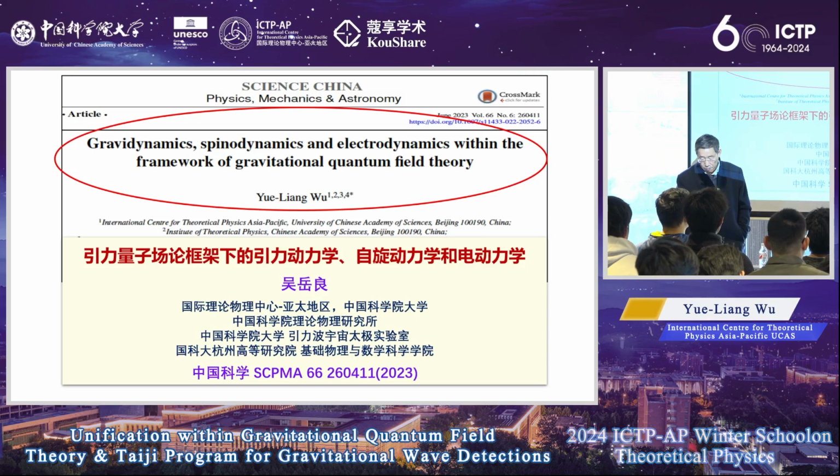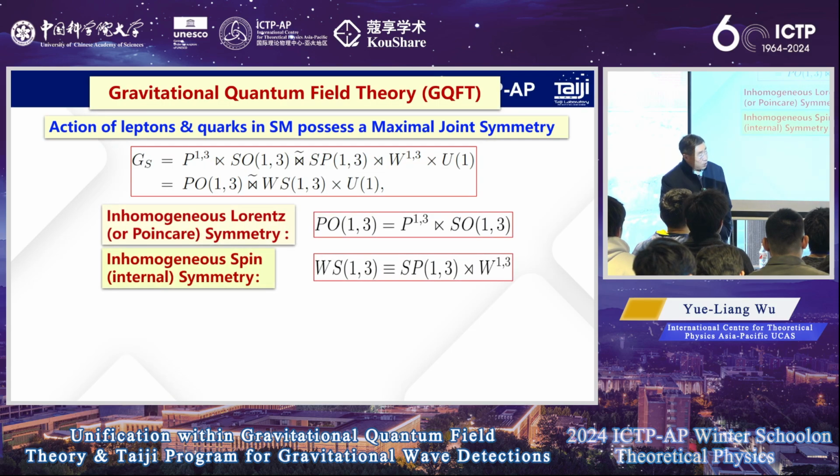So now the details describe the graphic dynamics, spinor dynamics and electrodynamics in this gravitational quantum field theory, as examples. And you will find now we have symmetries. So this symmetry is the translational one, this Lorentz symmetry. The rotational one is called Poincare symmetry.